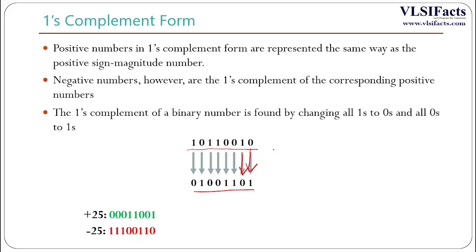And to get that, we have to invert all the bits of the positive binary number. So in this case, we will invert 1 to 0, similarly 0 to 1, 0 to 1, and so on and so forth. So the ones complement form of minus 25 will be 11100110.